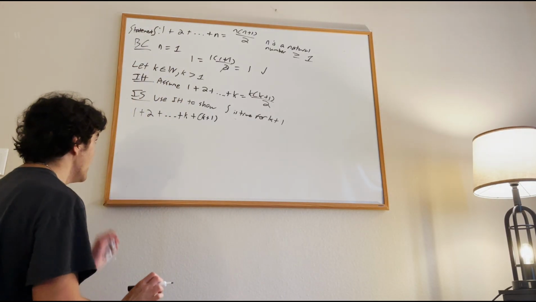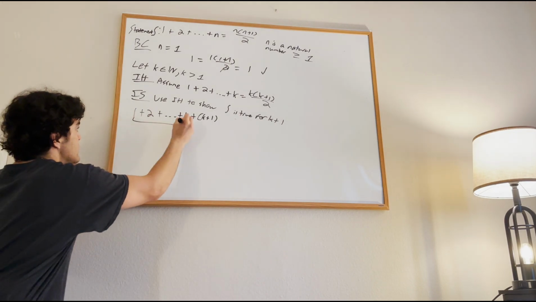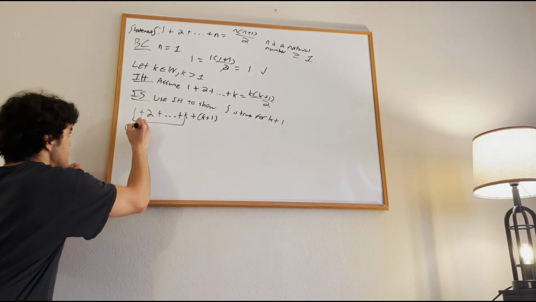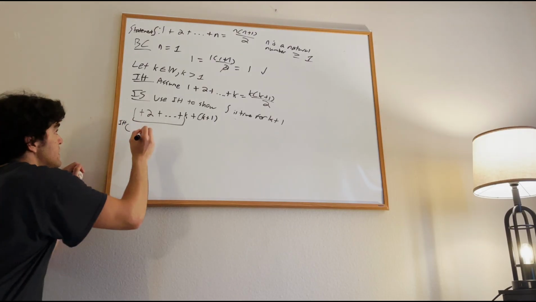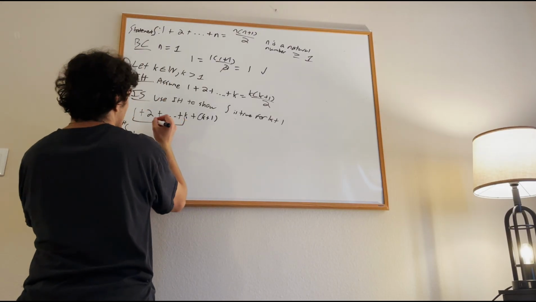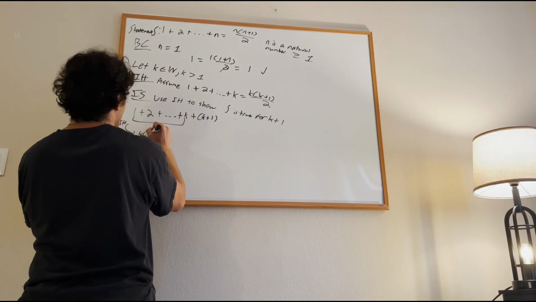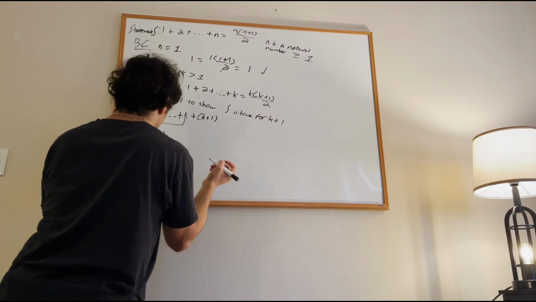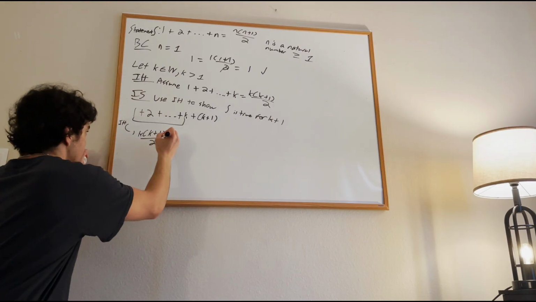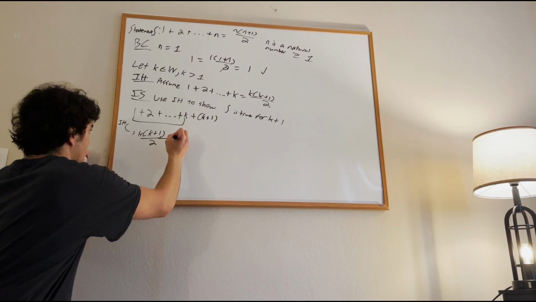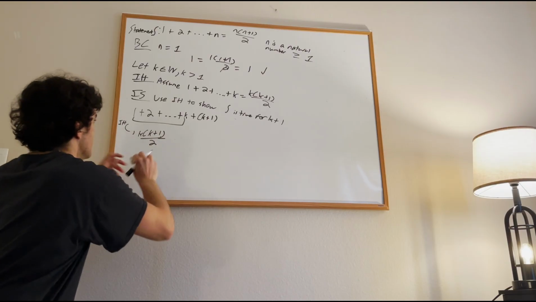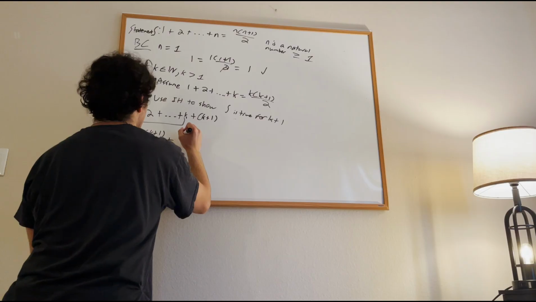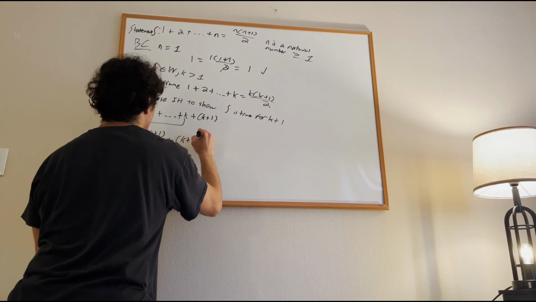Okay. And now we know that this, by our inductive hypothesis, is equal to k(k+1)/2, plus k plus 1.